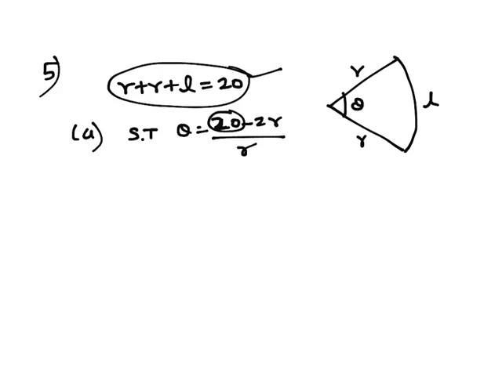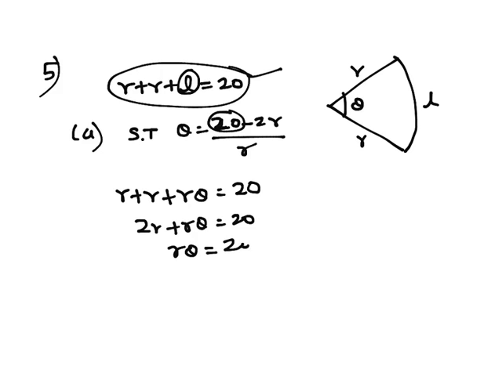I can write this as 2r plus, instead of L, r theta, because we know that the length of the arc is r theta, equal to 20. So basically you get 2r plus r theta equal to 20. So r theta is 20 minus 2r. So you'll get theta as 20 minus 2r divided by r. Very simple and straightforward.